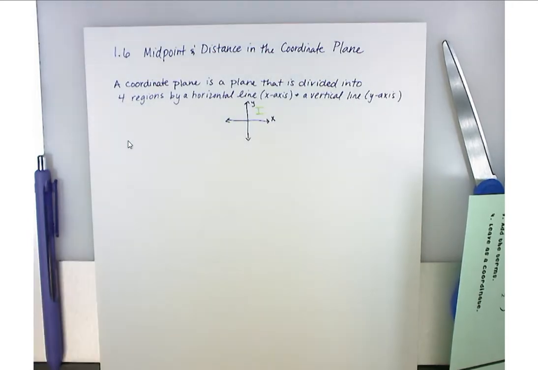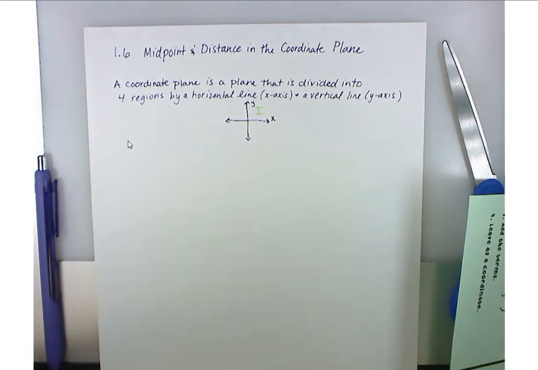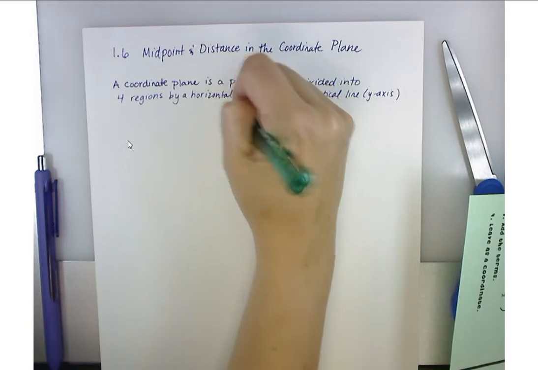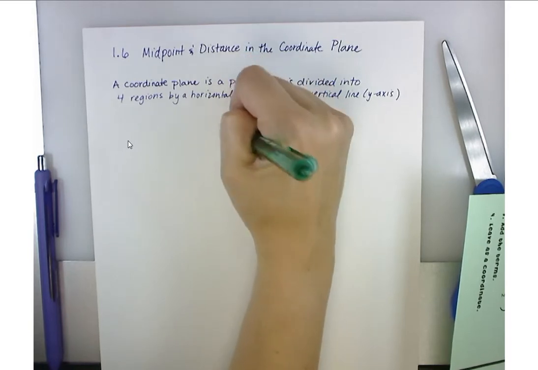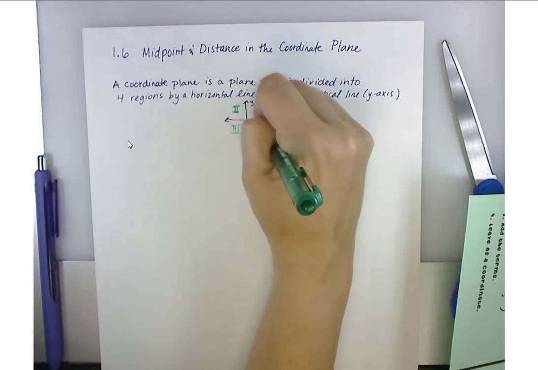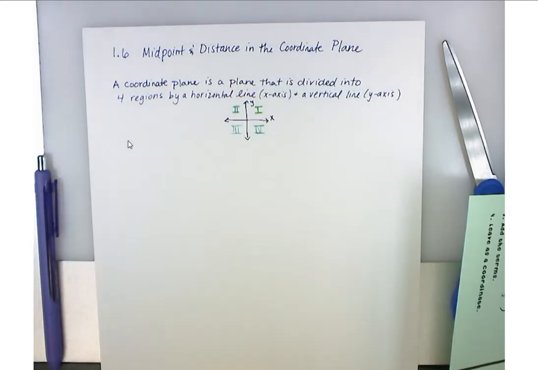So you go positive x, positive y. And then you work your way counterclockwise. So this would be quadrant 2, this would be quadrant 3, this would be quadrant 4, and you'll see that they're named with the Roman numerals. So I, II, III, and then IV. The straight line is 1, and then the V, that's number 4.